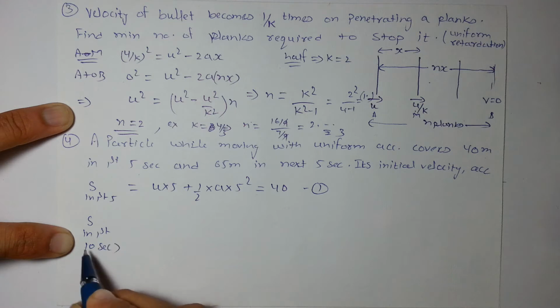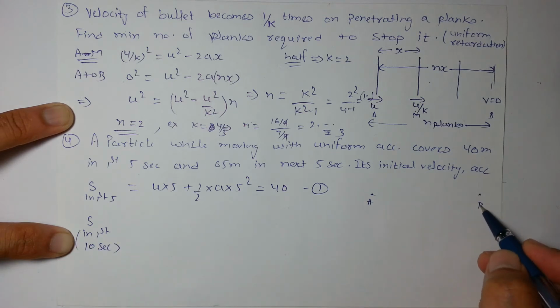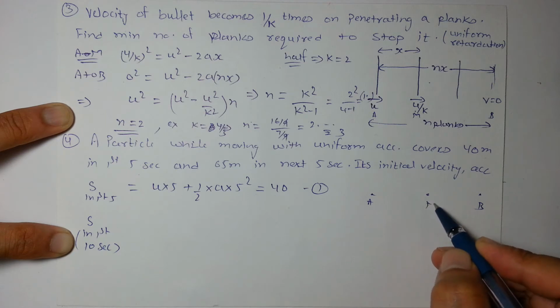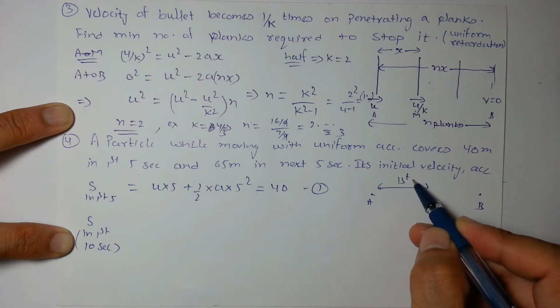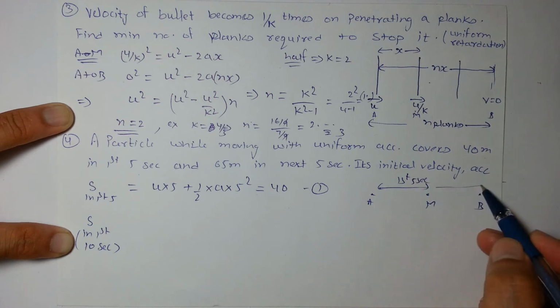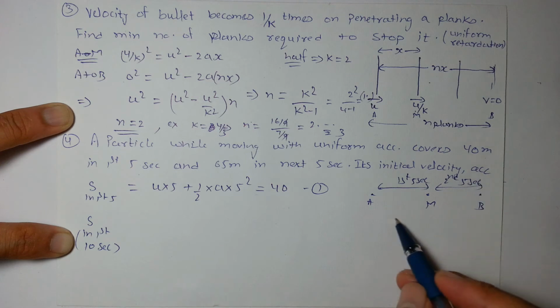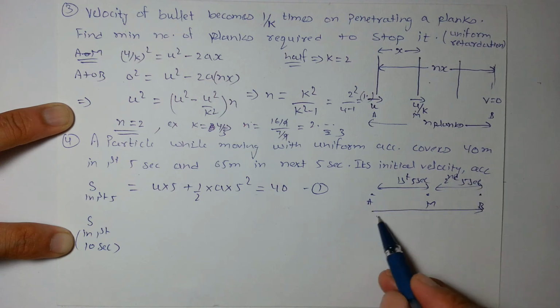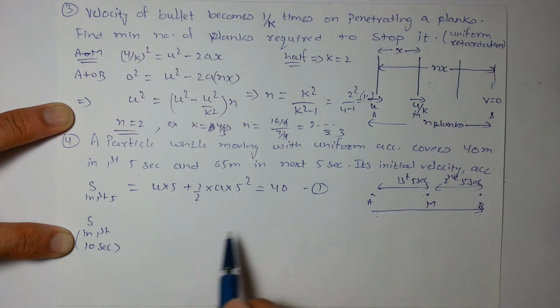Again, the equation is simply point A, point B, and somewhere in between. This is first 5 seconds, and this is the second 5 seconds. But we should write down equation from first to last or initial to final directly, and then A to M.